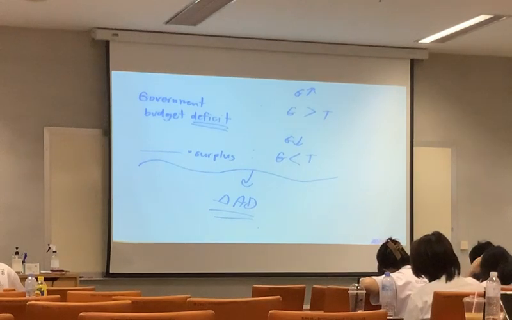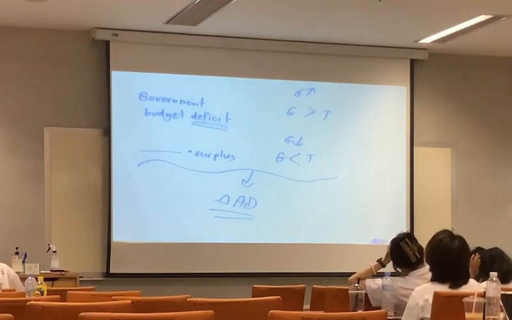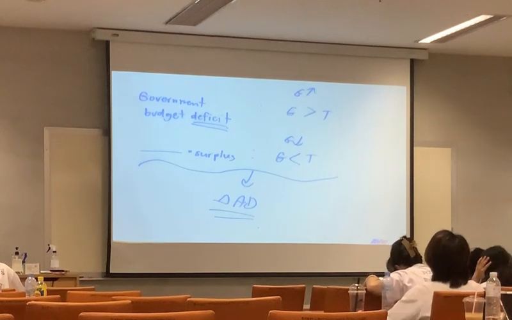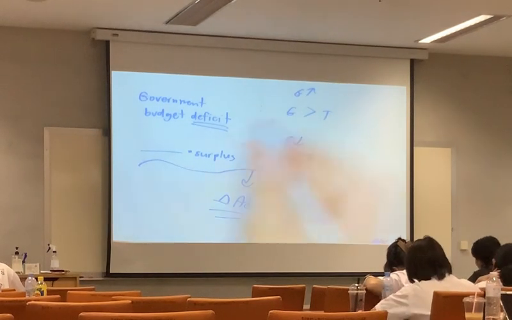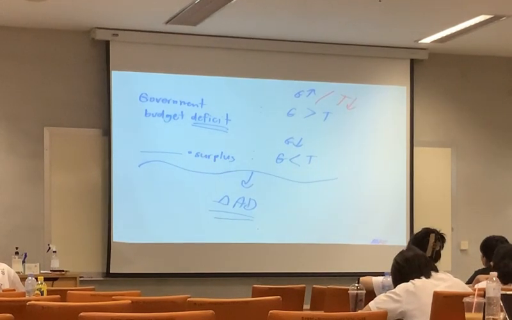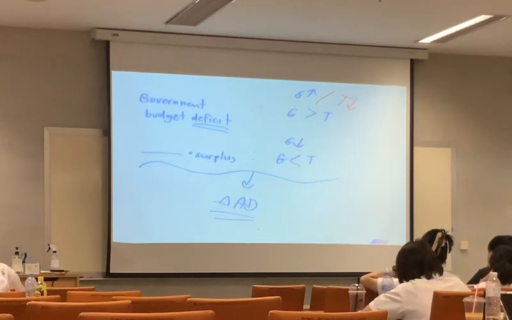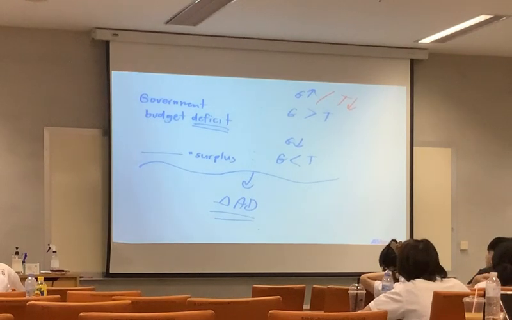Or, if I don't tell you about government spending, I can tell you that right now the government is trying to reduce tax. When the government reduces tax, it looks like a budget deficit. So you know that G will increase compared with T, and then you know AD should change.